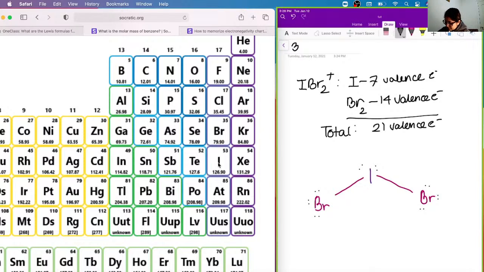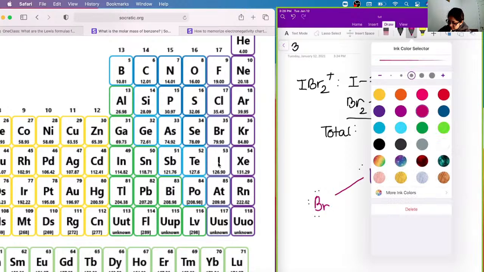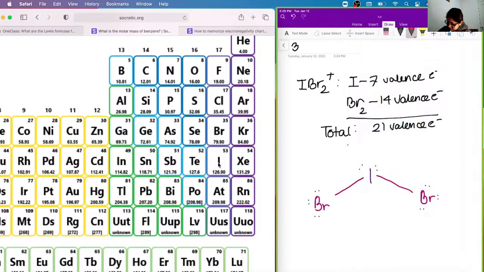So in this case, we have a total of 20 valence electrons being occupied right now, and so we're missing 1. And since that 1 is not being occupied, we say that this structure has a formal charge of +1, since we didn't add that 1 electron, right?